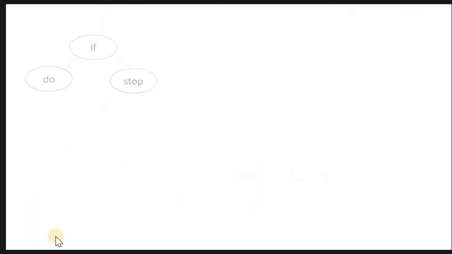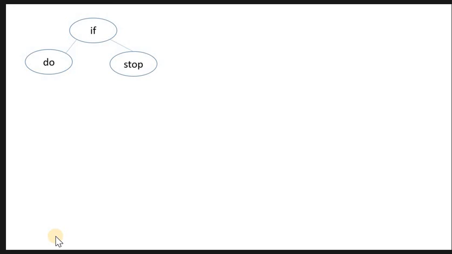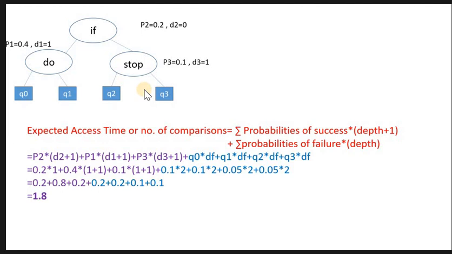In a similar manner, you can go for one more binary search tree with if as the root node and do and stop as the left and right child. So you have P2, P1 and P3. Along with that, you have to add the failure nodes, that is Q0, Q1, Q2 and Q3.